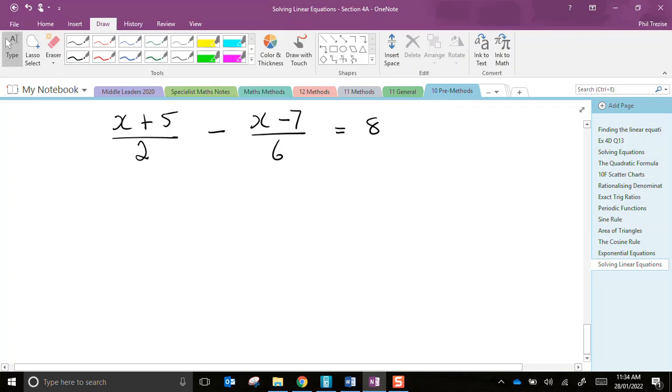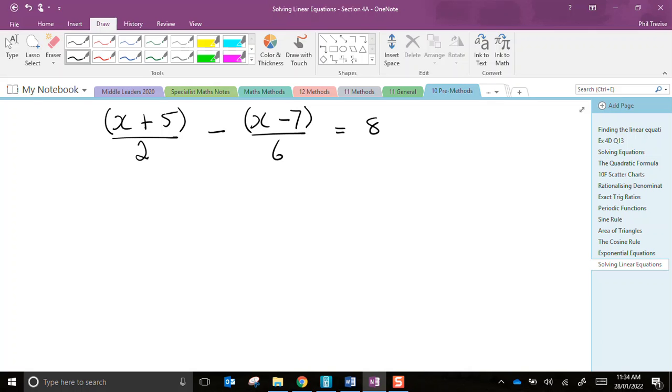Now, again, I'm going to insert brackets around these numerators so I don't end up forgetting that they are strongly connected parts. And I've literally got a situation here that looks like subtraction of 2 fractions.